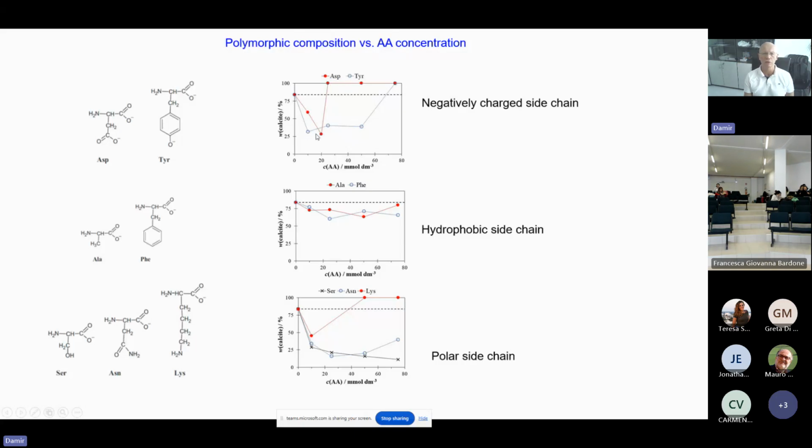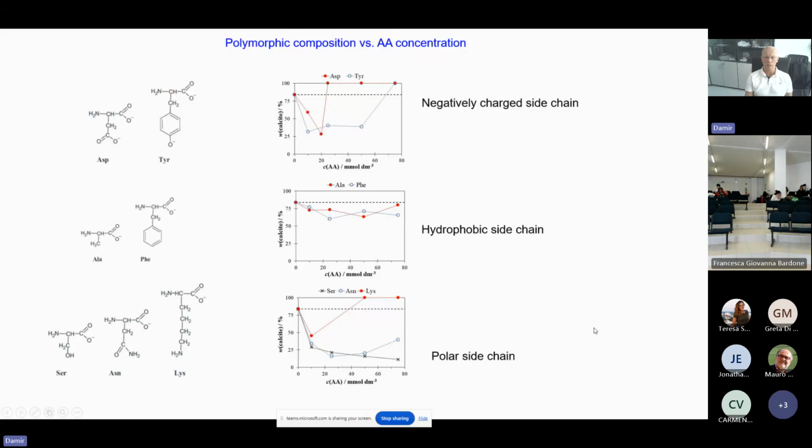The situation is a bit different with tyrosine addition, because tyrosine gives pure calcite only after the addition of 80 millimoles. In a system with alanine and phenylalanine, which are hydrophobic, we obtain practically no change in the concentration. It is very similar, a bit lower, but no significant change of the ratio of calcite to vaterite was observed.